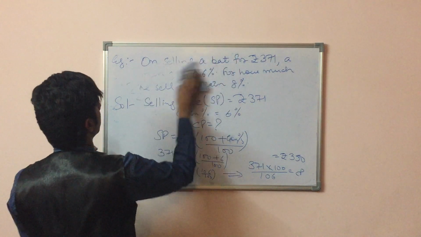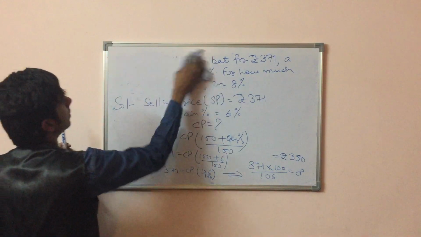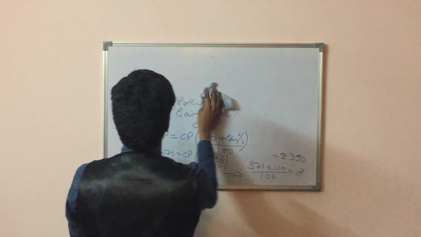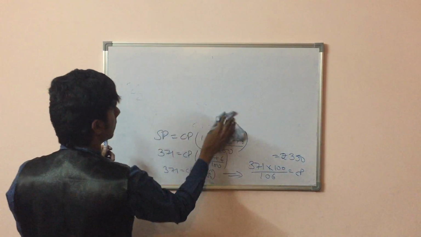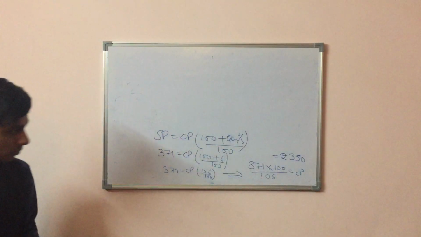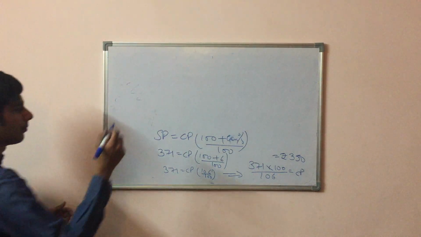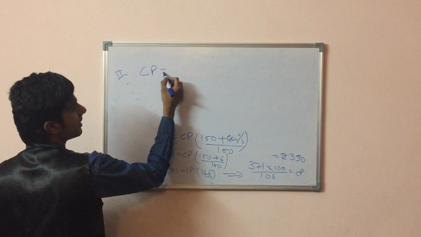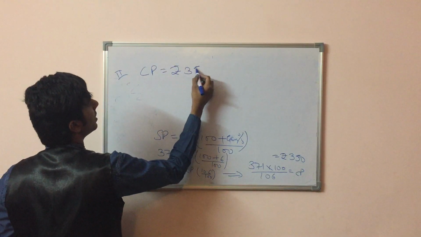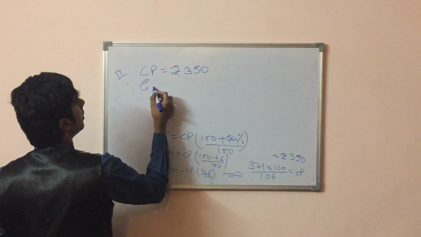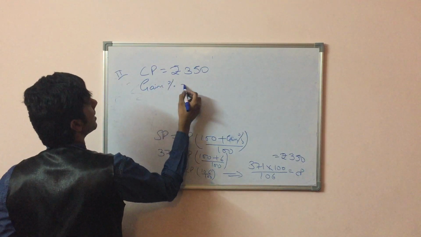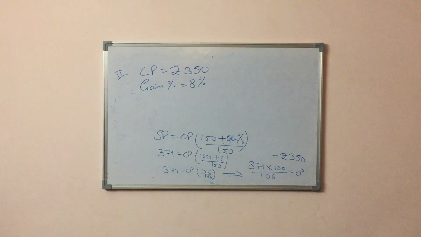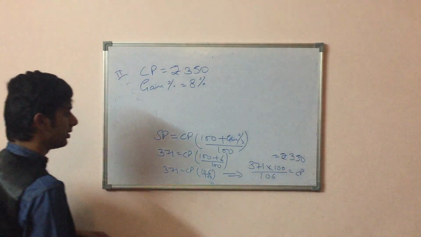So in the second case, our cost price is rupees 350 and our gain percent is 8%. Yes, it's 8%.